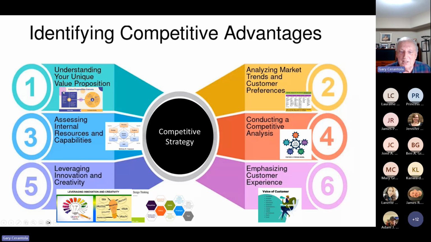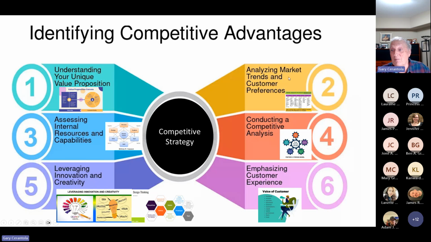And then leveraging innovation and creativity. We're going to look at design thinking later on in this particular webinar as well, because this is all part of it. You've got to innovate continually to stay ahead of the curve to be able to command this sustainable competitive advantage.